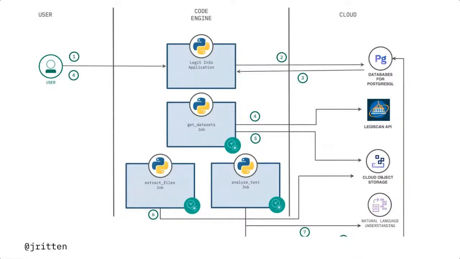So that's the NLU's job. In this case, you can see Code Engine fit really well with the one application and 3 jobs. And then it's talking to certain pieces in the cloud as well. So those 2 hopefully give you a little bit of flavor. What I'm going to do is, Jenna, I'm going to pass it back to you. Yeah.